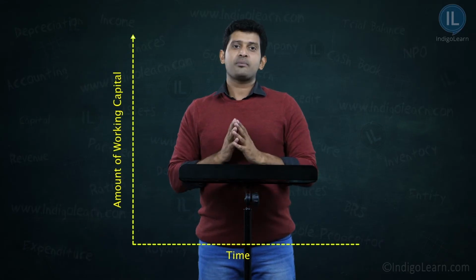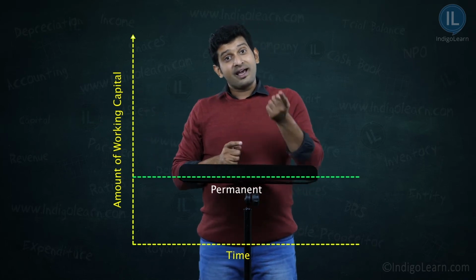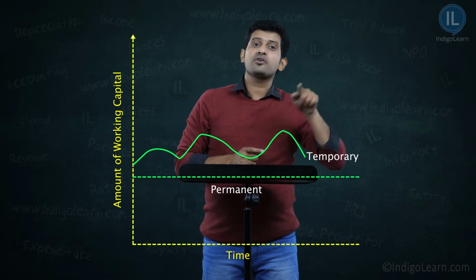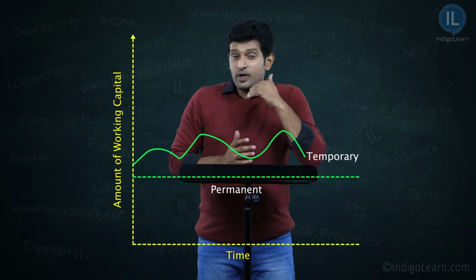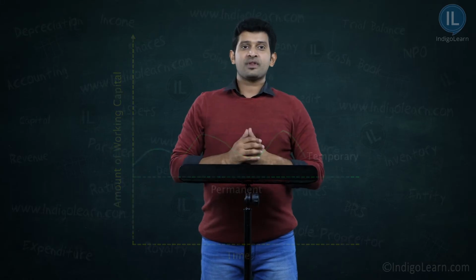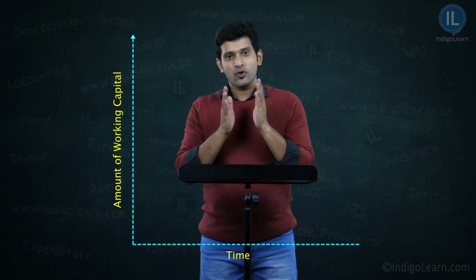Now, if you observe in a graphical format, for a stable company, permanent working capital will be a straight, flat horizontal line. Now, whatever are the curved lines seen over and above the straight line indicate the temporary working capital. Now, even for a growing company, the permanent working capital will be a straight line only.